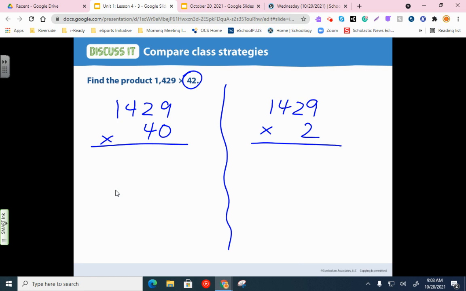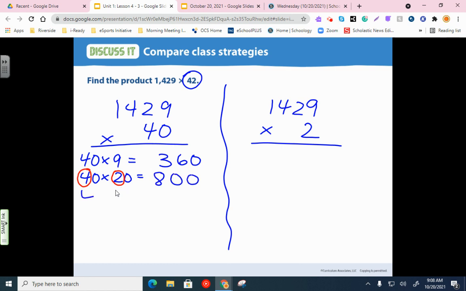All right, so let's do this. Left-hand side first. So our factor is 40. So we're going to multiply 40 times 9. That gives me 360. The next one is 40 times 20. And remember, you take your 4 and your 2, and that'll give you 8. And then you count up your zeros, which there are 2 of them.